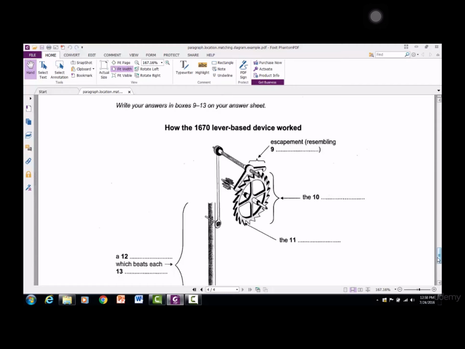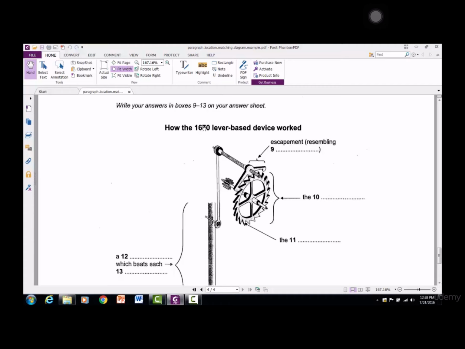It's going to tell us how to quickly find the right paragraph. Okay, you ready? It's right here. 1670. How the 1670 lever-based device worked. We should be able to find that date very fast, and once we find that date, we will find all the answers that go in the blanks.